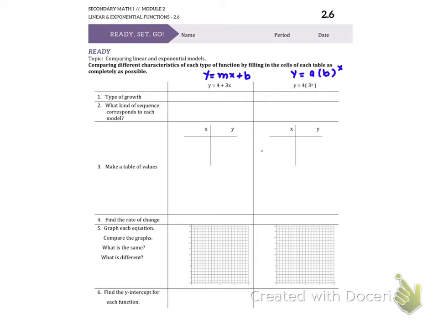Is it going to be linear or exponential? Okay, pause it, and if you can figure it out, that's great. If you cannot, let's go back. So the type of growth here is linear, because the first one is written in mx plus b form, and the other one is a times b to the power x, so it's going to be exponential.